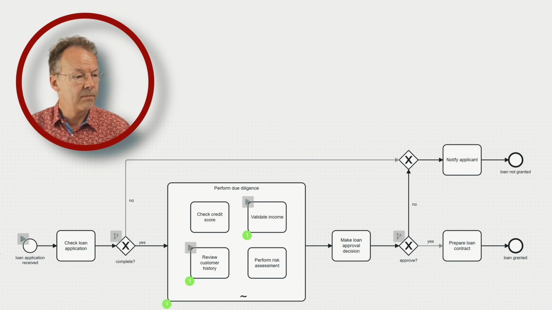You can now see that we have these 2 tasks which I want to execute. The other ones, check credit score and perform risk assessment, I will not execute this time. So I do the first one and the second one. And then we go there and we notify the applicant.